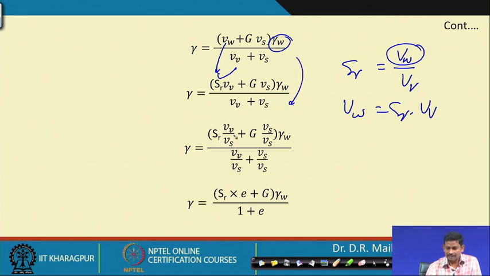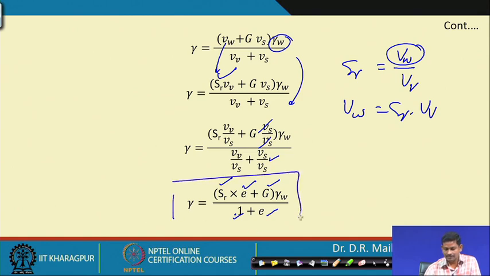And gamma, now just divide by V_s on both sides: V_v by V_s, G into V_s by V_s, and also the denominator V_v by V_s and V_s by V_s. So finally you get S_r, and V_v by V_s is e, and G, and this gets cancelled out, and rho_w divided by 1 here, since V_s by V_s is 1, and V_v by V_s is e.